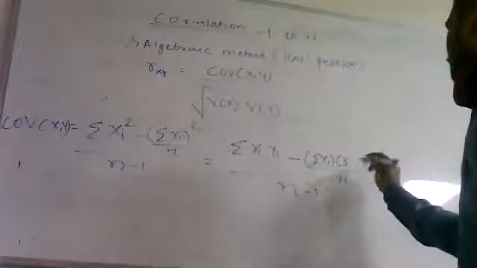Now, covariance of x and y. Covariance means combined variance of x and y. The variance of x is the variance of a single variable; this is the variance of two variables combined. It is called covariance. Now, just change this formula to covariance of x and y. Replace one x with y.